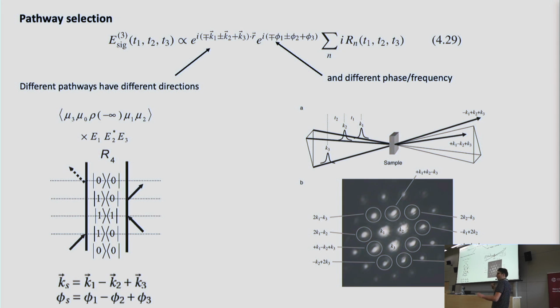So this allows us to decompose experimentally the many different ways the system can interact by looking at different directions. And I said that this is phase coherent interaction, at least ideally this is what we want. Then we can also manipulate what we measure by looking at different phases of the signal, because we also add them differently depending on how exactly the interaction goes.